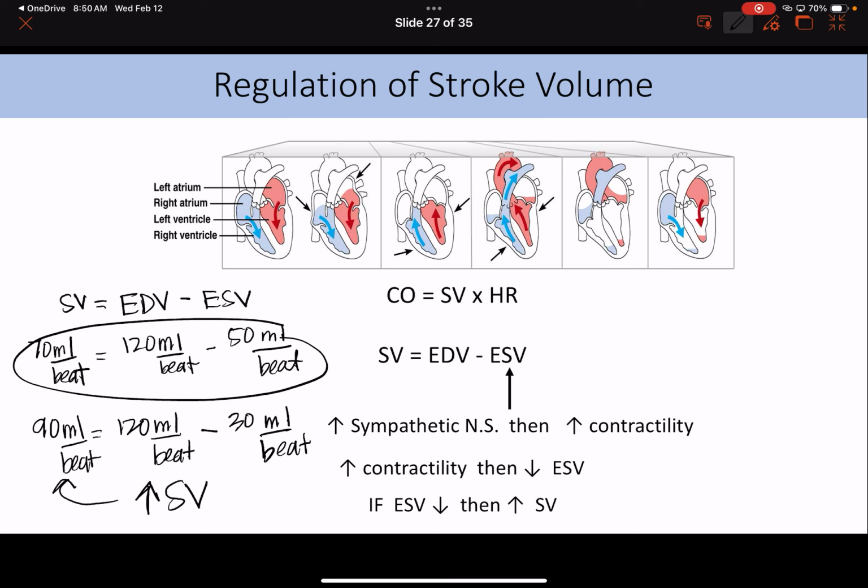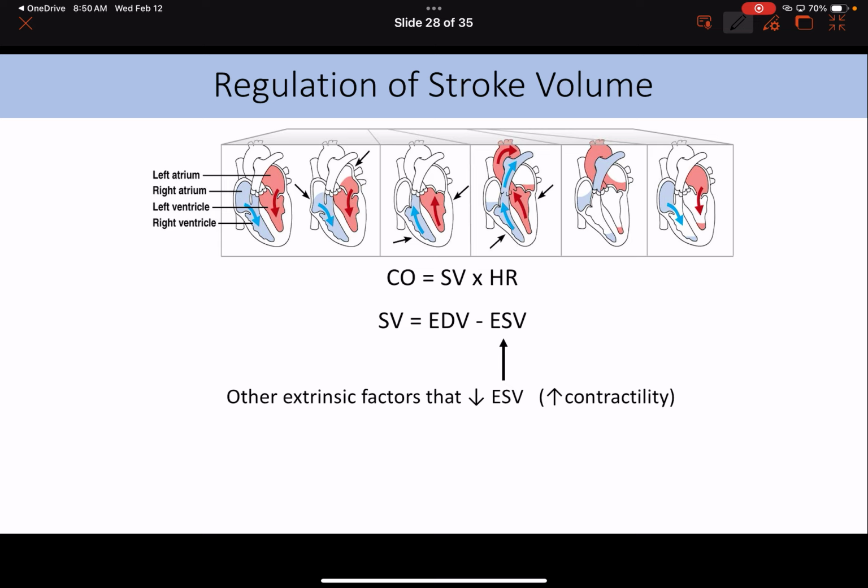Okay, so questions about that. Questions about how contractility can increase stroke volume. Okay. So other extrinsic factors that can decrease ESV or increase contractility include an increase in thyroid hormone. What's the response of thyroid hormone? It's going to increase metabolism body-wide. So that's increasing the work of all of our cells, including the cardiac cells.